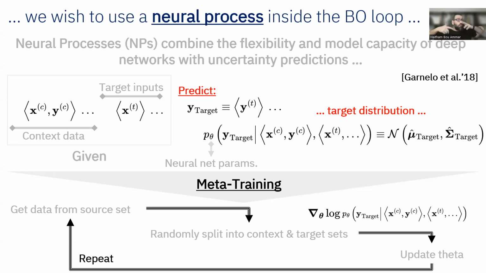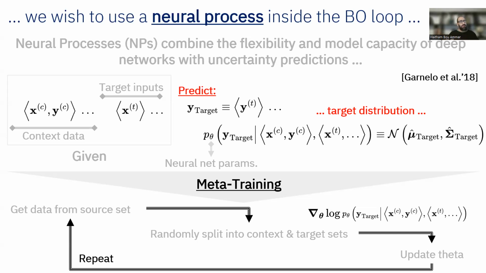Then I will try to maximize the likelihood of predicting my Y target conditioned on my context data and my target inputs. And that's what this gradient is trying to do. Okay, simple enough. Now, of course, you use a deep network to parameterize this distribution, so the mean and the sigma are given by a deep network. Okay, all good.